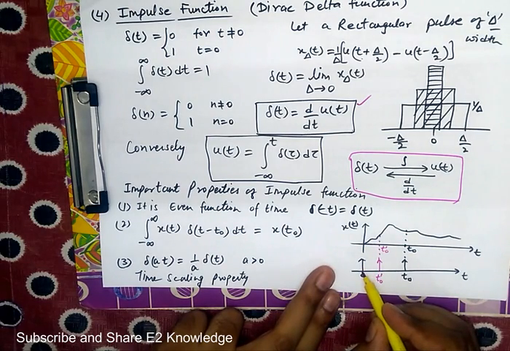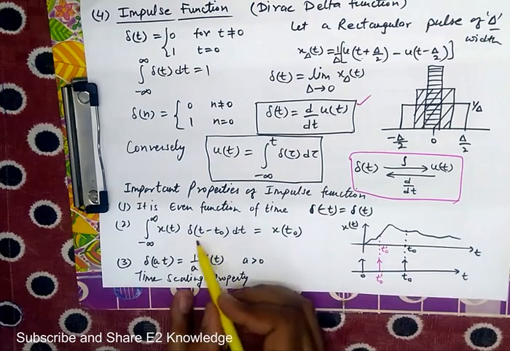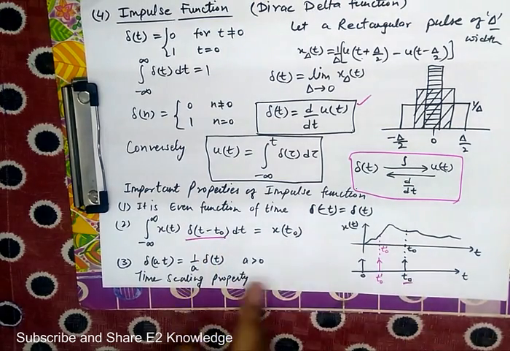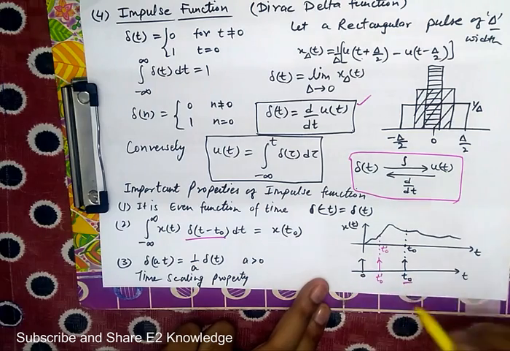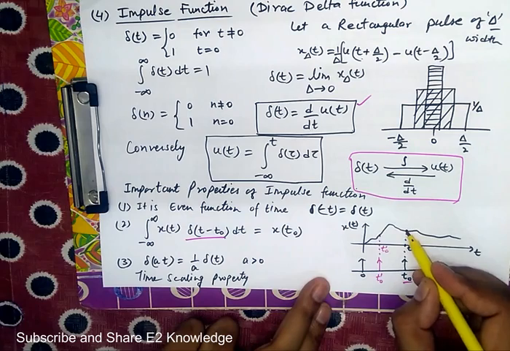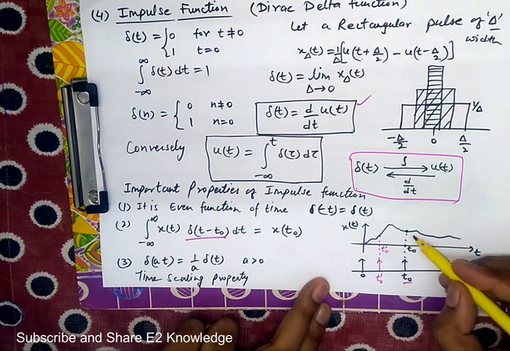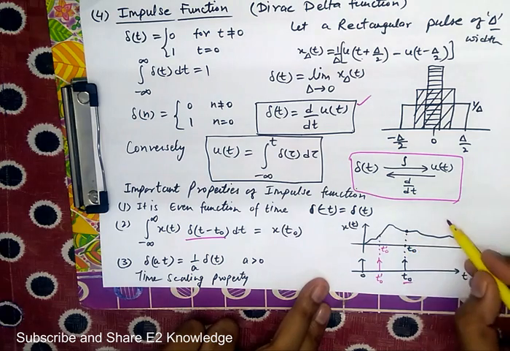Now it is shifted towards the right, that is delta(t - t0). At this position only its value is unity, otherwise it is 0. So multiplying both the functions results only in this value of x(t), which is nothing but the value of x(t) at time t0. So it is x(t0).